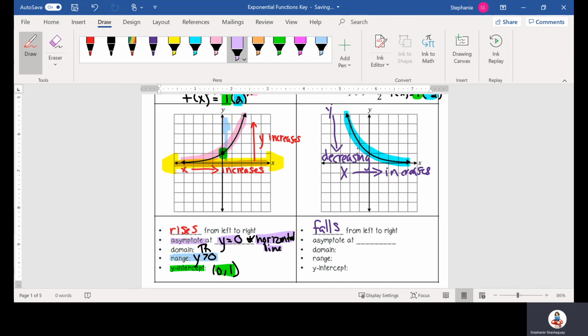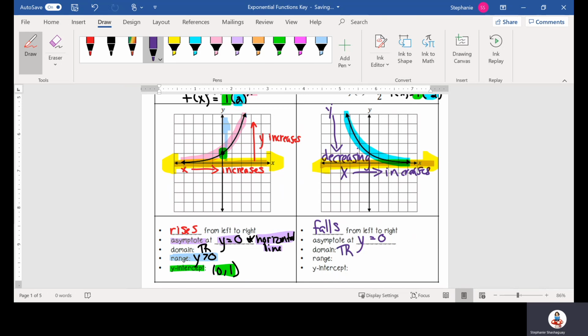Our asymptote, the line that it never crosses, is still going to be y equals 0. Our domain is the same because we could have any possible x value for our input. There is no limitation on our domain, so it's going to be all real numbers.